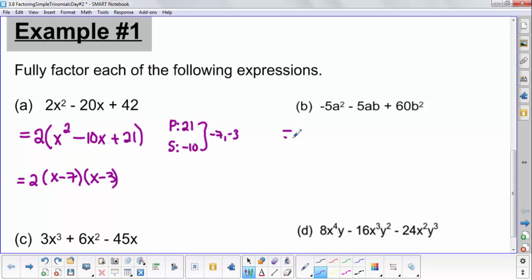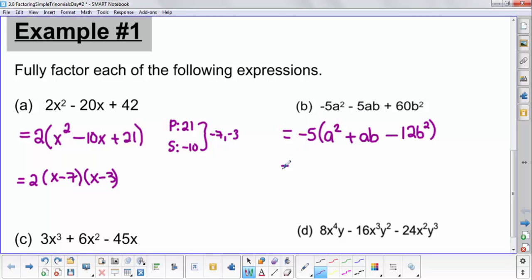Okay, I'll try one more with you. Here I can see that 5 is common, and your goal when you are factoring out is to have a positive x squared inside the bracket. So I'm not just going to factor out a 5, I'm actually going to factor out a negative 5. That leaves me with a positive a squared, a positive ab, and then a negative 12 b squared.